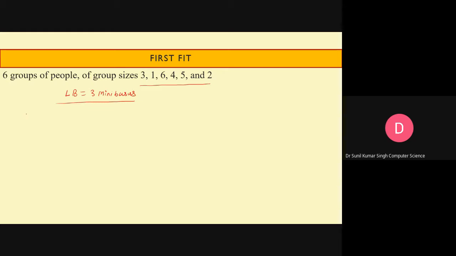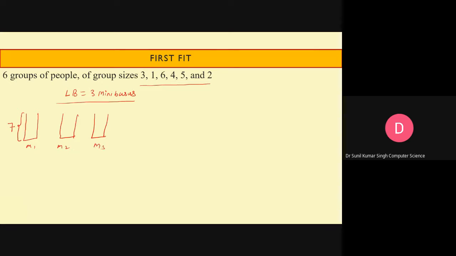So let's see. These you can consider as minibuses or containers, and the capacity of these containers is seven. Suppose we have three minibuses: minibus 1, minibus 2, and minibus 3.